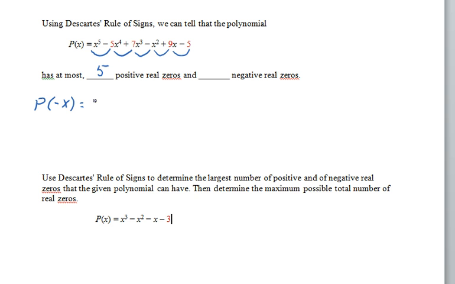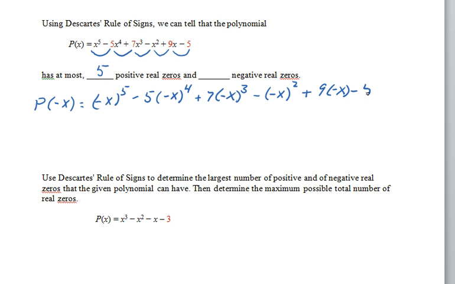In this case, this would be the opposite of x to the fifth minus 5 times the opposite of x to the fourth plus 7 times the opposite of x cubed minus the opposite of x squared plus 9 times the opposite of x minus 5.